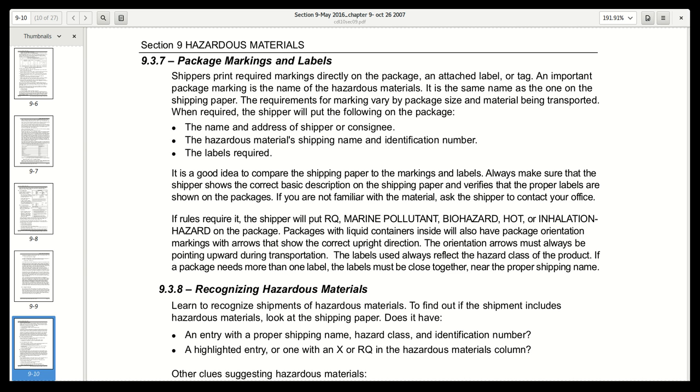It is a good idea to compare the shipping paper to the markings and labels. Always make sure that the shipper shows the correct basic description on the shipping paper and verifies that the proper labels are shown on the packages. If you are not familiar with the material, ask the shipper to contact your office.